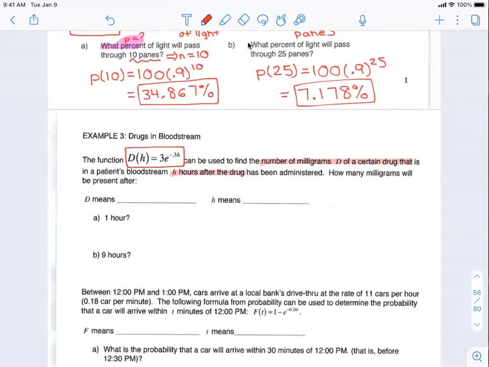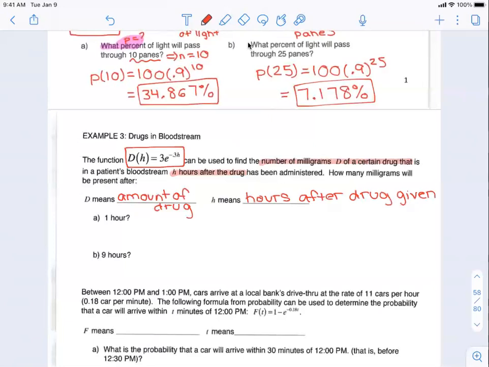So D is the amount of the drug and it's in their bloodstream. H means hours after the drug is given. So just line up what they're talking about.